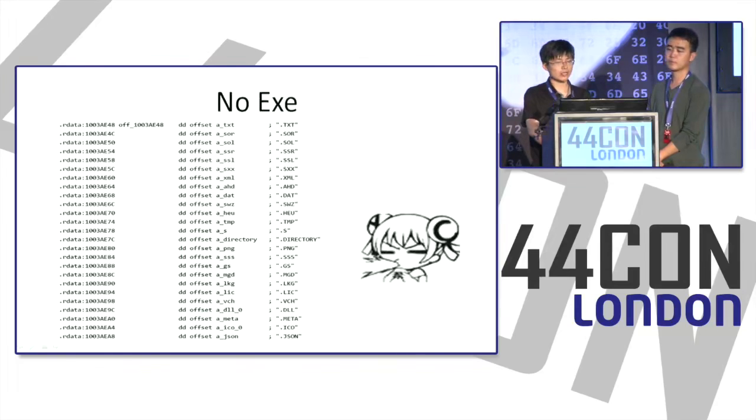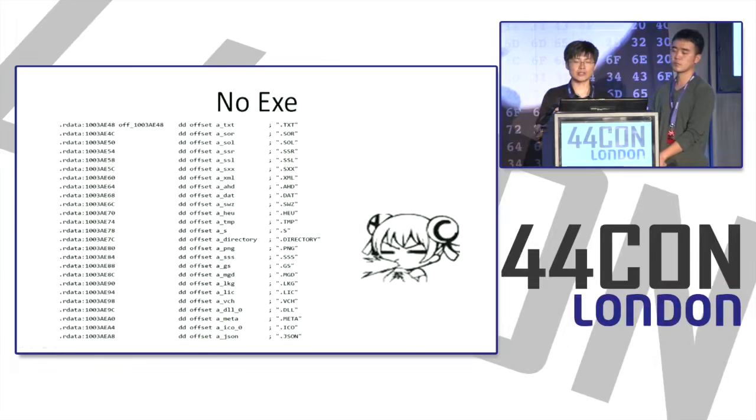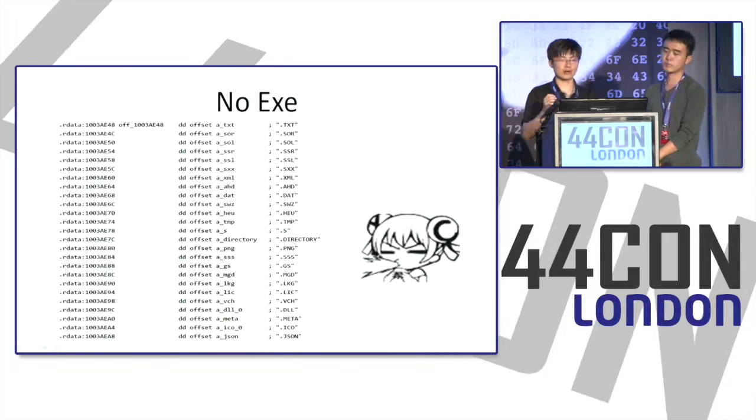Here is a little problem. The Flash Broker has a whitelist of file extensions, and you can only create files with extensions in this whitelist. And the exe file is not in this whitelist. So we cannot create a file with the extension exe using the Flash Broker.